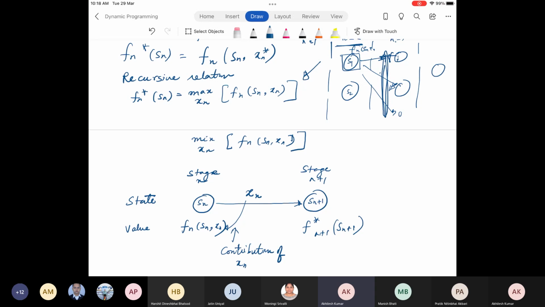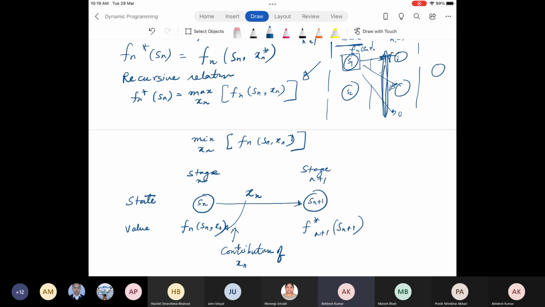As long as you're solving a dynamic programming problem, you have to start with what my stages are, in which I can decompose the problem. In each stage, what are my states? Now I have realized my stage and state. I need to decide what is the decision at each point that makes the state change.